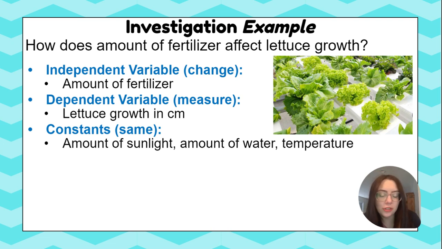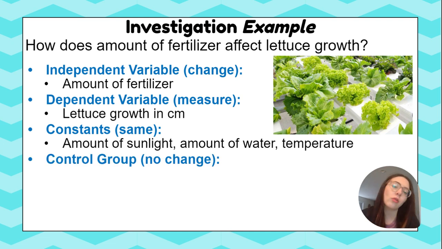Okay, the way in which you measure them should be the same. The ruler that you use or whatever method you're using for measurement. Okay, the amount of soil or the type of soil. You can continue to list these out and be very specific. There should be many constants.